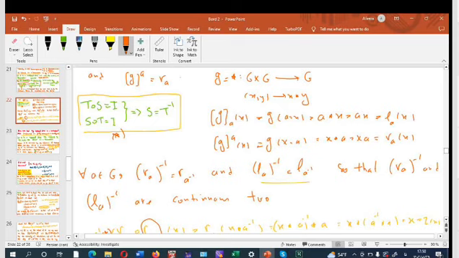For this, we see that the inverse of this function equals this translation.